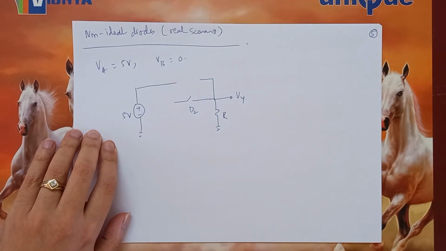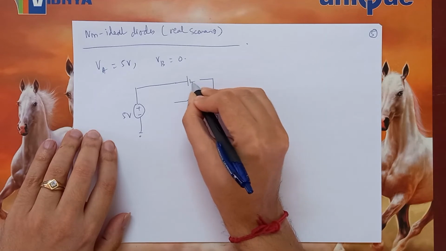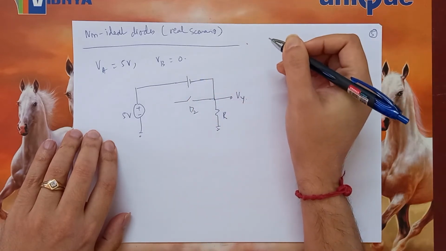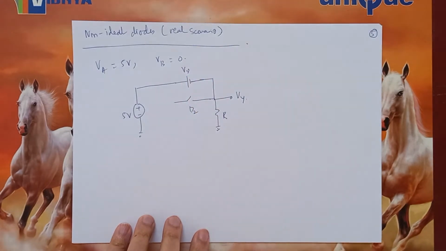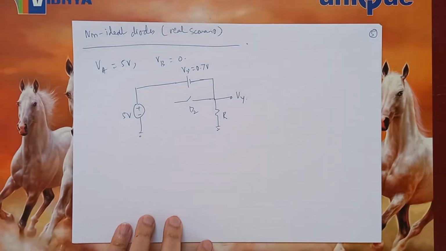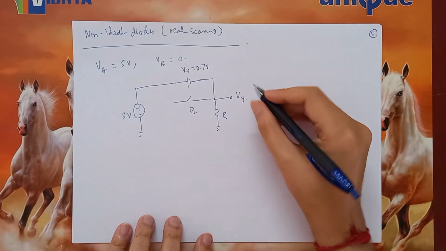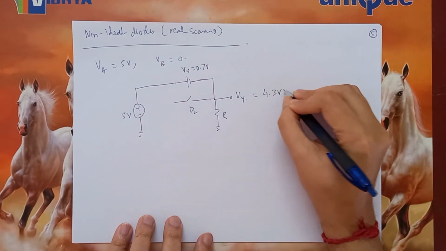Now, D1, when it is on, it will look like a small battery with its built-in potential. So therefore, this built-in potential or the V gamma of the diode, as the way it is normally represented, for silicon diodes, it could be generally around 0.7 volts. So in this case, what will be the Vy? The Vy will be nothing but 5 minus 0.7, that is 4.3 volts.